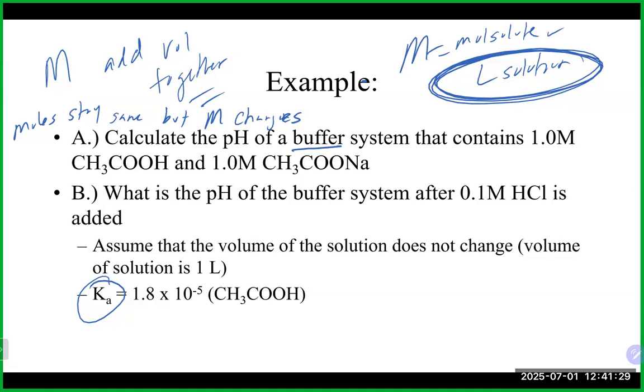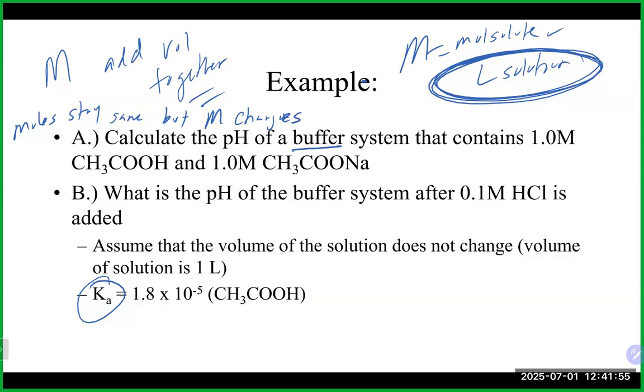In a titration, you're doing nothing but adding volume consistently all the way through, so the molarity is constantly changing, but the moles remain the same. By the way, when you have something with a molarity, the moles of the solute in the solution are what's floating around and what has the ability to react.